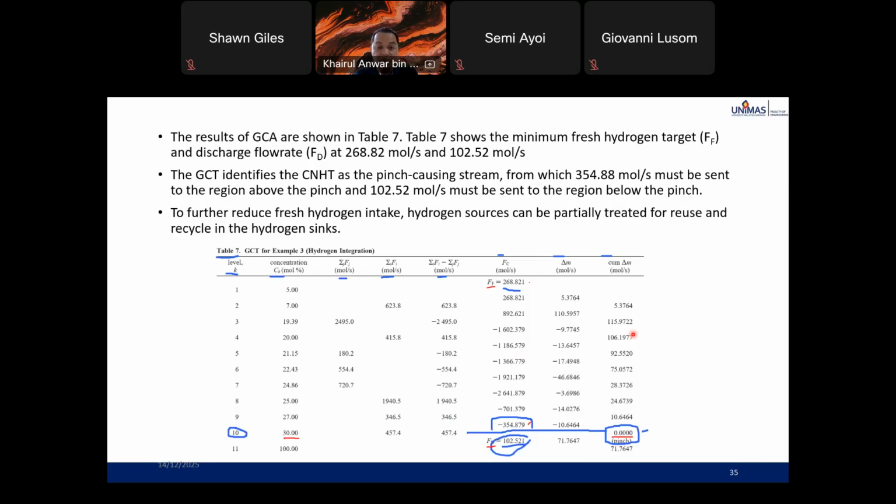That obviously is shown in table 7, which shows the pressure, hydrogen target at 68 mole per second with discharge flow rate 200. The density unifies CNHT, which is 30%.